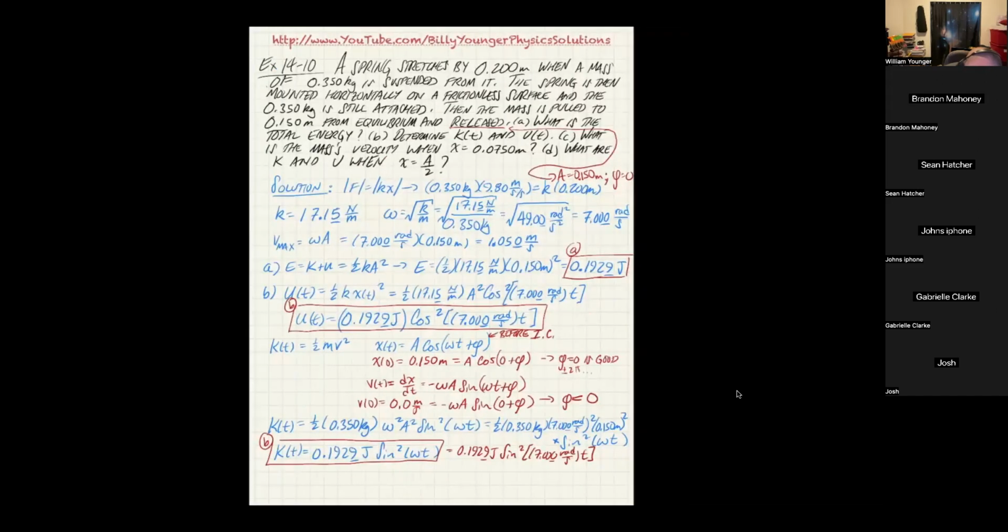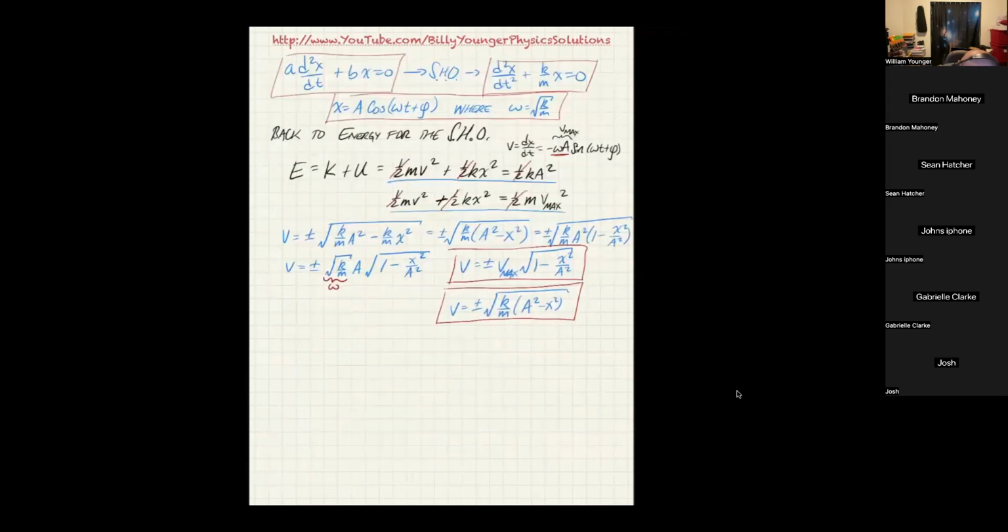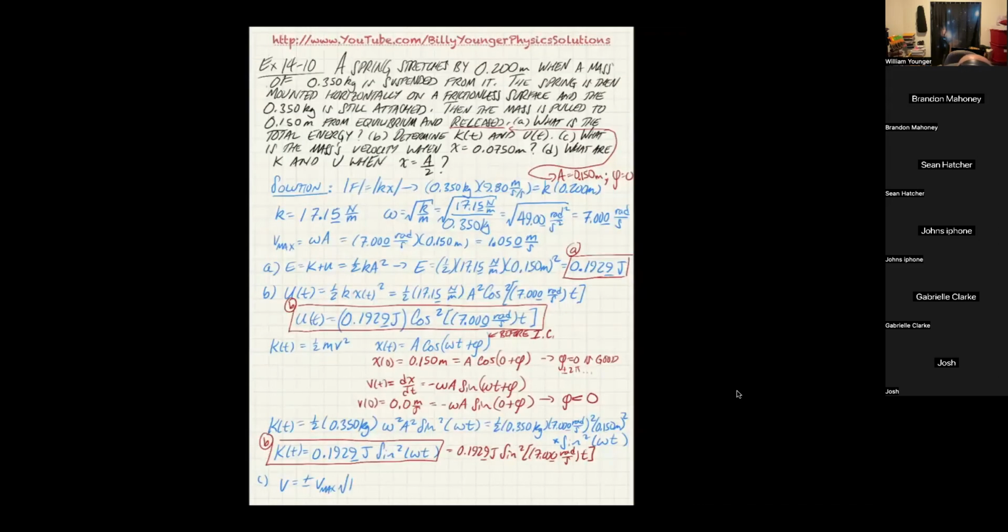But for part C, what I'm going to do is say that v is equal to plus or minus v max times the square root of 1 minus x over a, and I can actually put it like this and square the whole thing, which makes it a little easier to write.